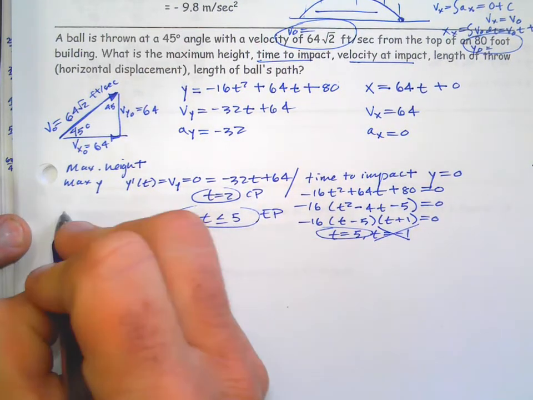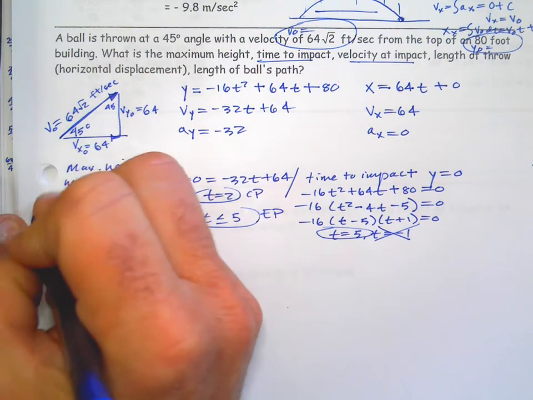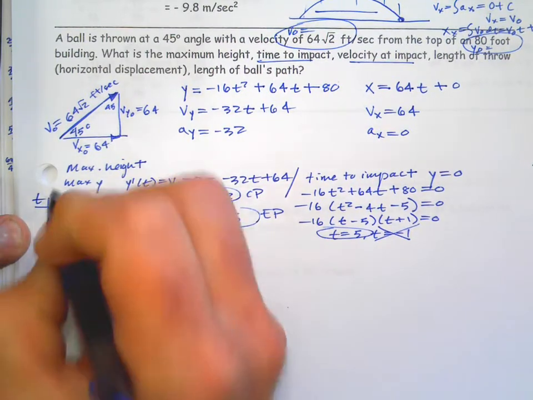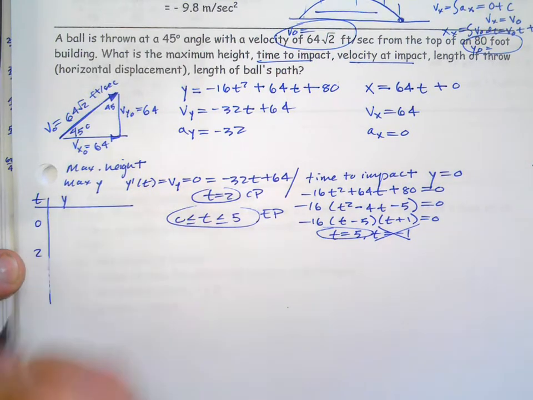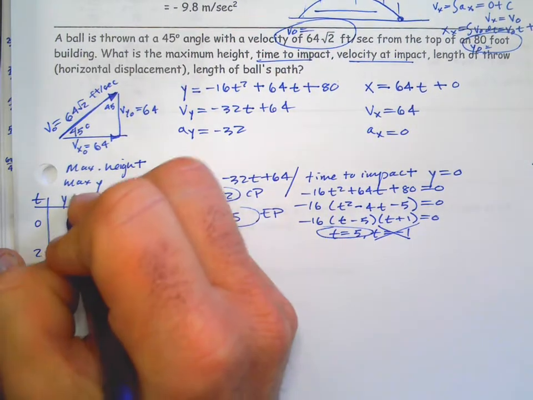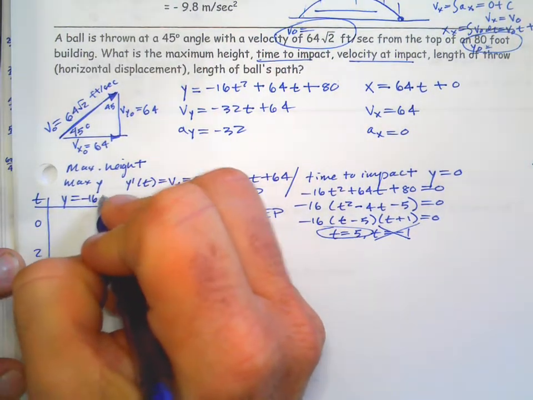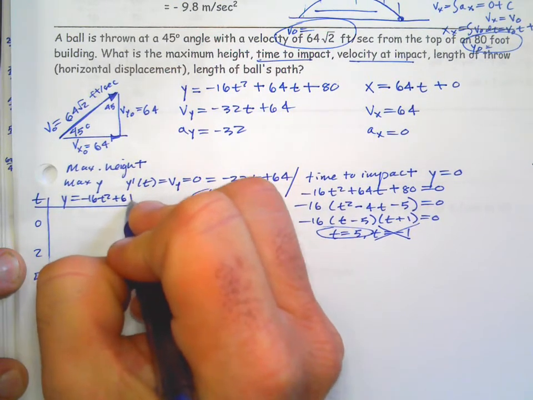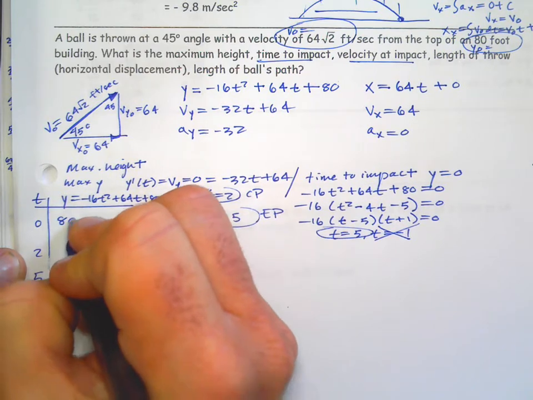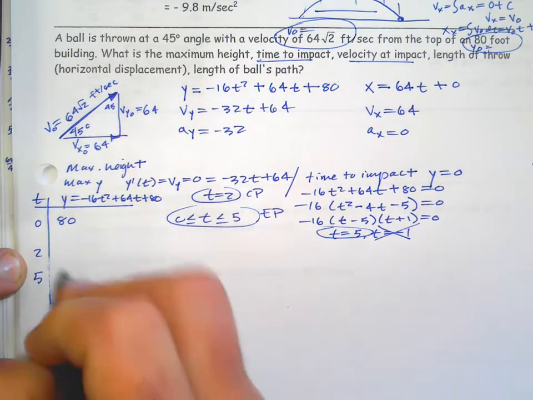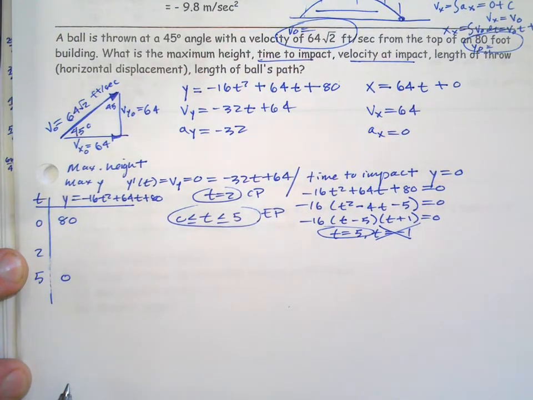So we're going to make a table and plug y in. We don't need x. 0, 2, 5. I'm going to plug them into the y equation. Now, when you plug 0 in, you get 80, which should not be a surprise. That's initial height. When you plug 5 in, you should get 0 because that's how we just found 5.